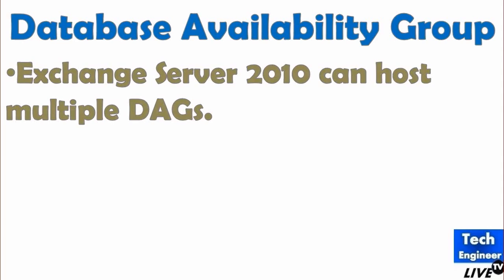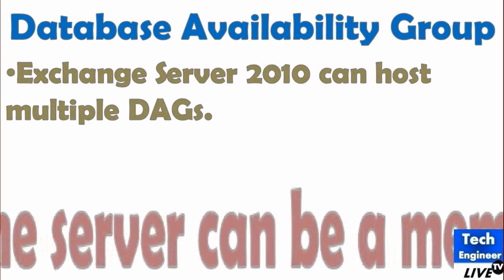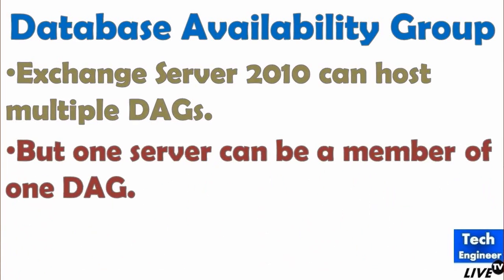So for different mail domains, there is no issue. You can host multiple DAGs according to the infrastructure environment, but one server can be a member of only one DAG. If one member server is part of a DAG, it cannot be part of another DAG.